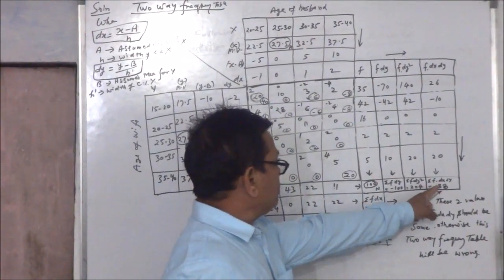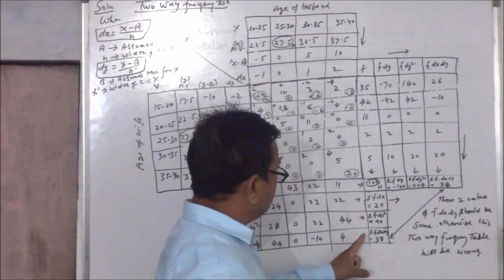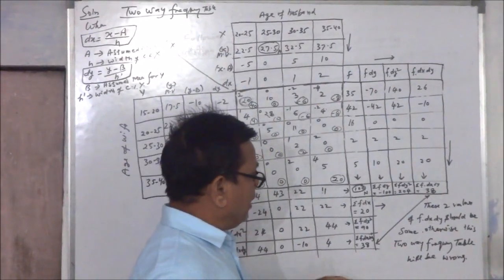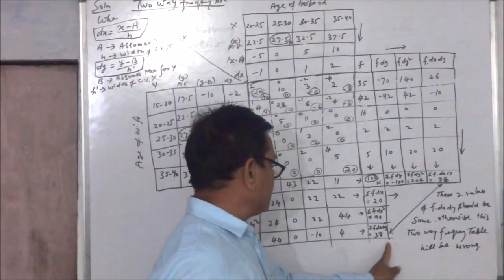It's quite interesting. Both these values of f into dx dy should be the same. Otherwise, this two-way frequency table will be wrong. It's very important that these two values should be the same.